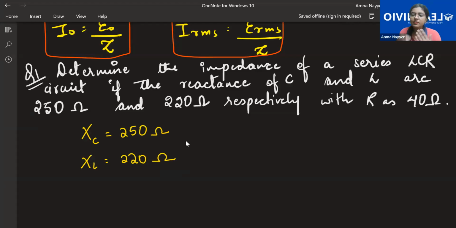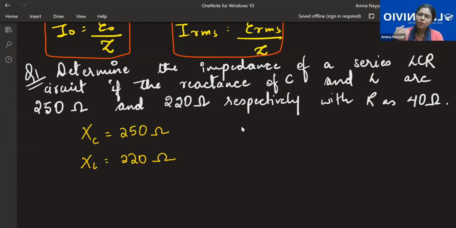So which case is this? For impedance calculation, I told you case 1, case 2. XC is greater, so it's case 2.